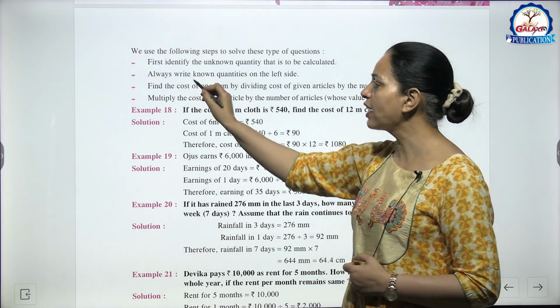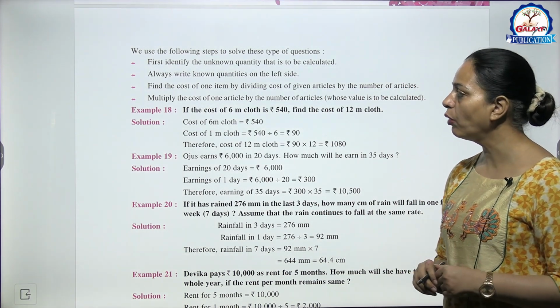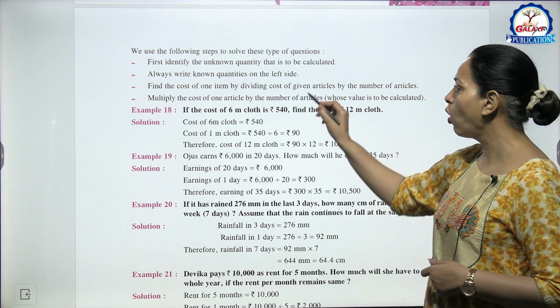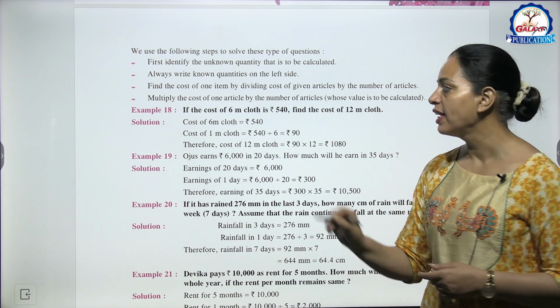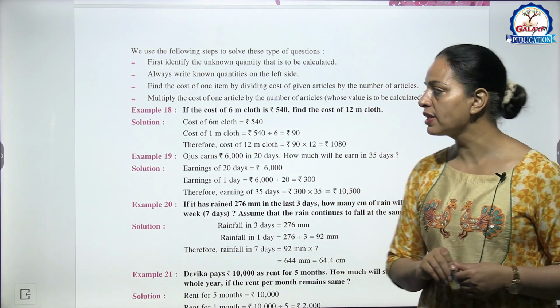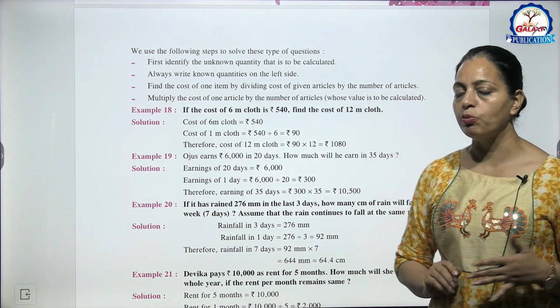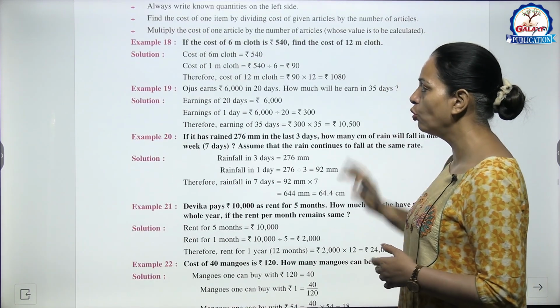Second point, always write known quantities on the left side. And the third one, find the cost of one item by dividing cost of given articles by the number of articles. And the last point, multiply the cost of one article by the number of articles whose value is to be calculated. See examples, it would be clear to you.